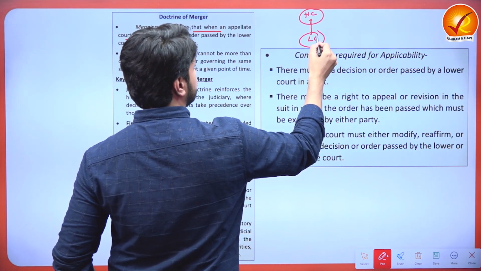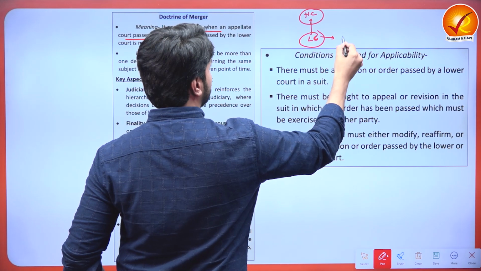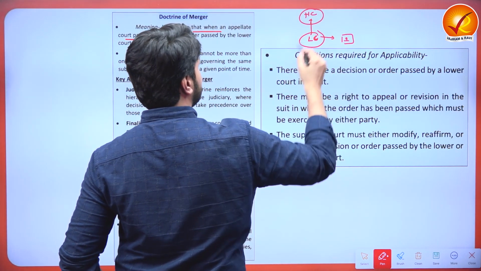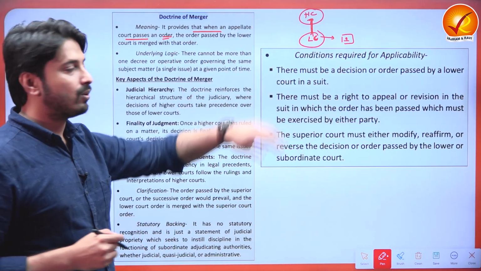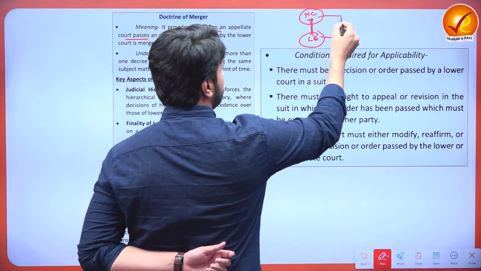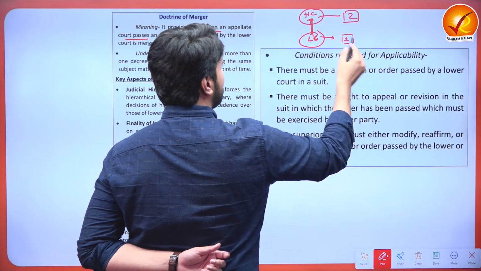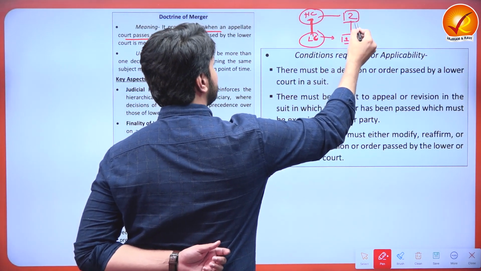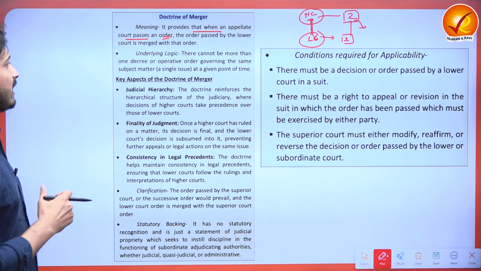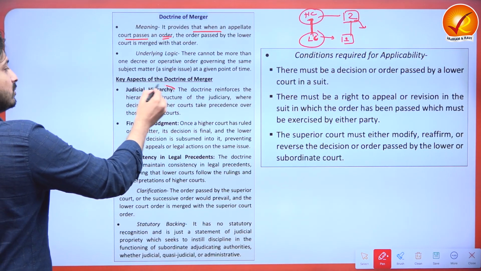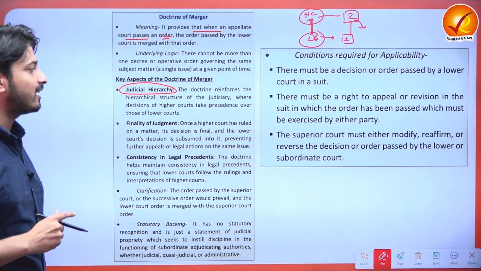If a judgment is provided by the lower court, say judgment 1, and then an appellate petition is filed to the High Court, and the High Court reverses the judgment, then while providing judgment 2, judgment 1 has to be merged along with judgment 2, so that it will lead to the establishment of a judicial hierarchy.